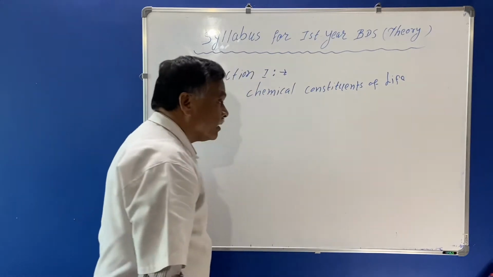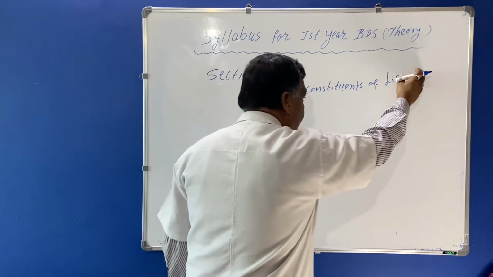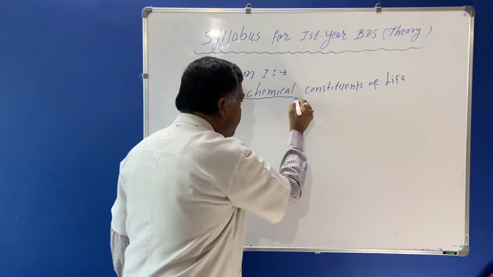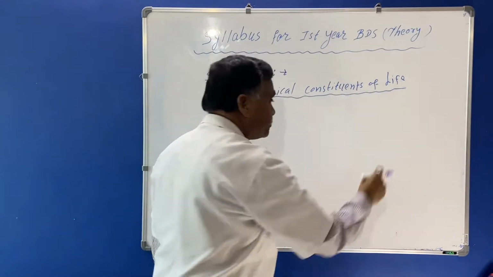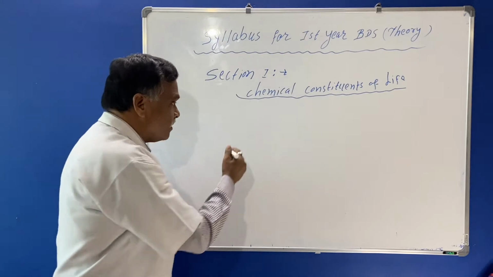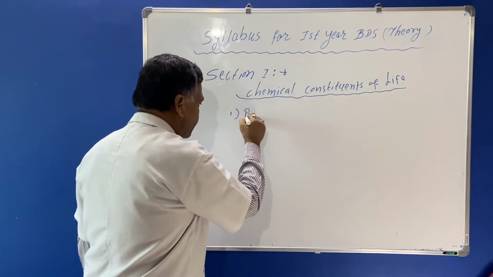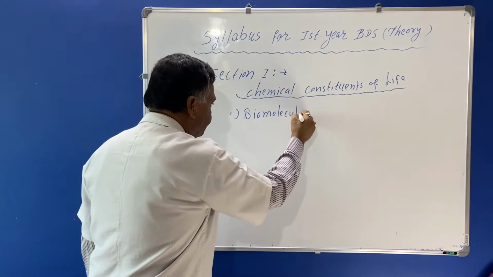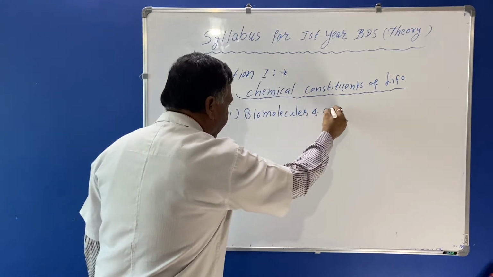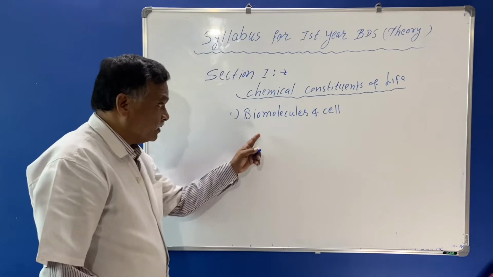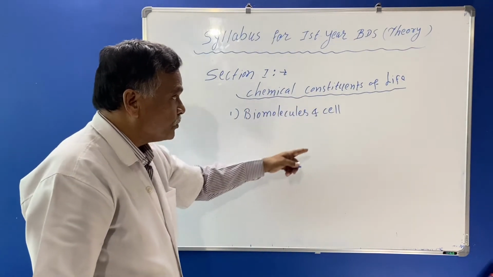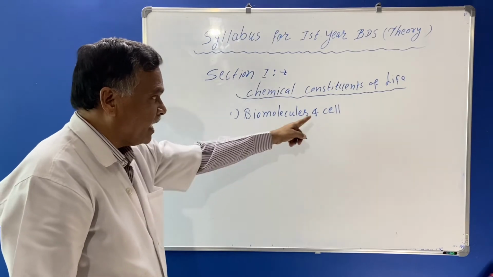Here you must know the study of chemical constituents of life. What are those? First one is biomolecules and cell. The study, under the heading chemical constituents of life, of biomolecules and cell.